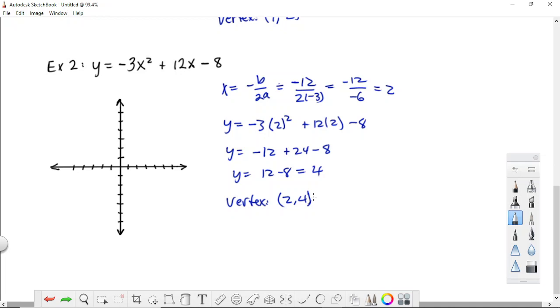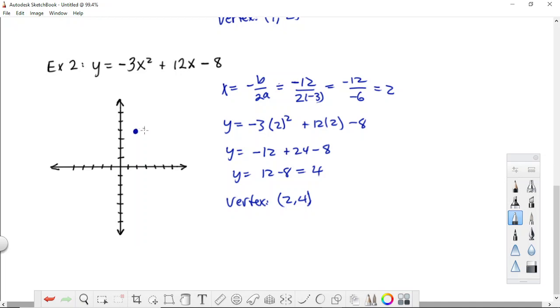So now we can plot that vertex and go from there. 2, 4, looks like here. And a is negative 3, so we'll be going down 3, which is consistent with the fact that we know when a is negative, the parabola opens down. So we kind of call it a slope to get these other points. So when we go over 1, we're going to go down 3.